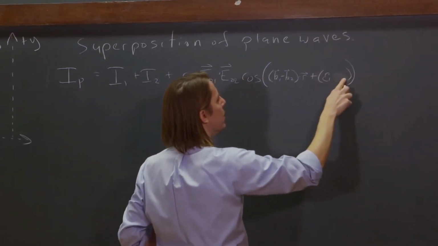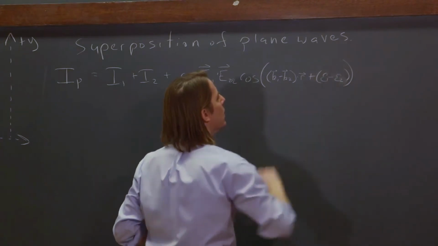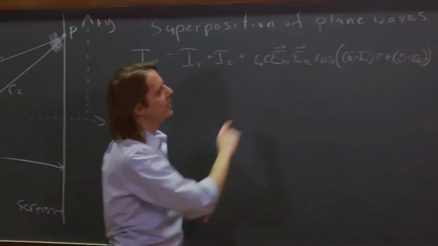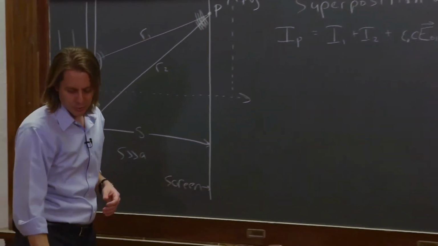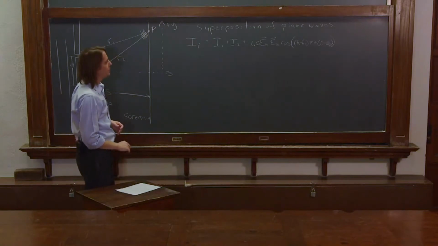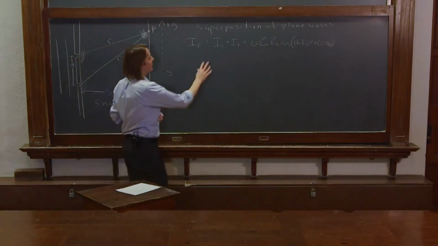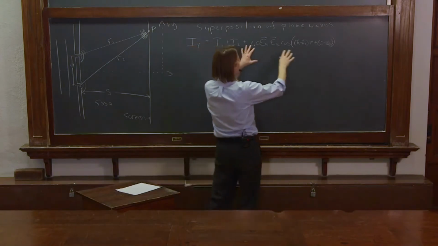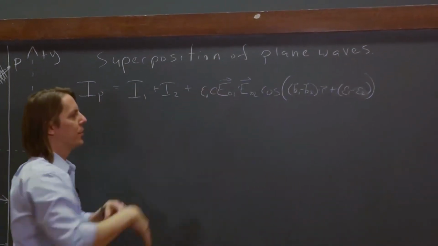All that big mess, right? And that was the interference term. So we had the irradiances of the original plane waves plus this interference term, which made it constructive or destructive.